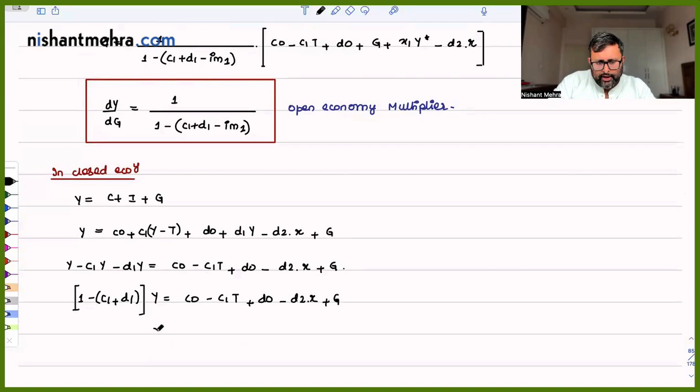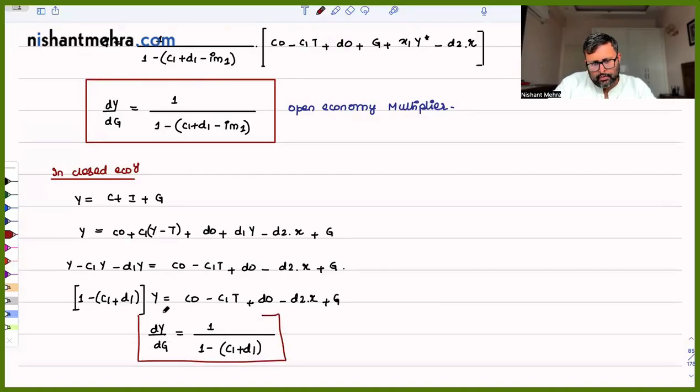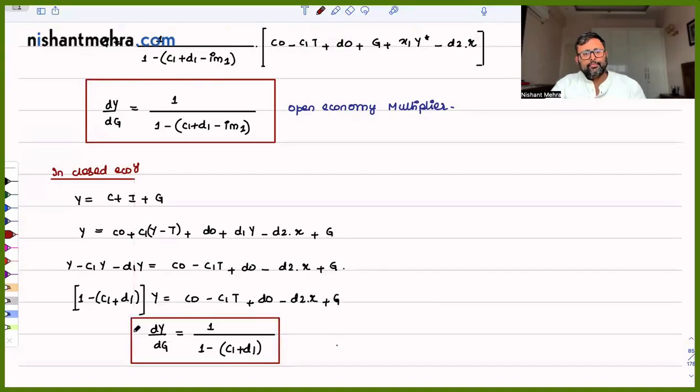So now if I want to write what dy by dg is, it is just 1 upon (1 minus C1 plus D1). One upon 1 minus C1 plus D1, right?